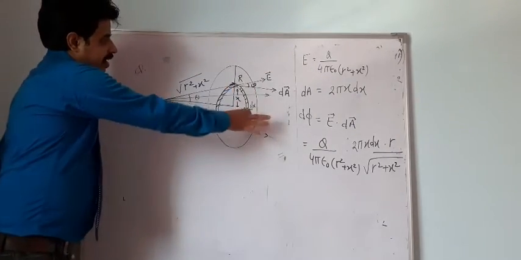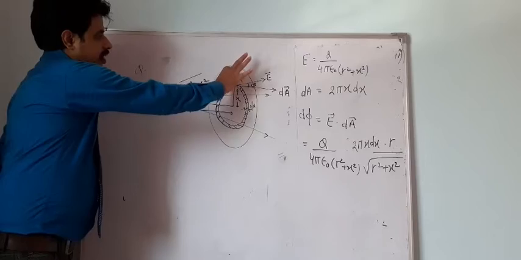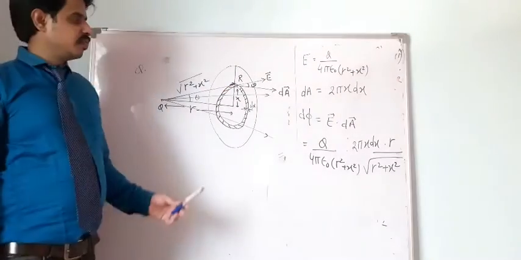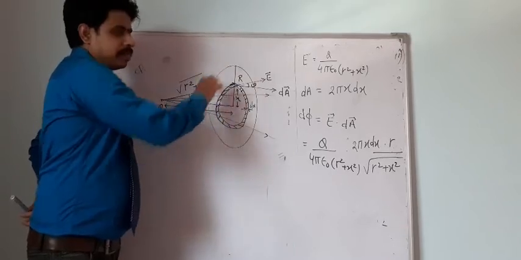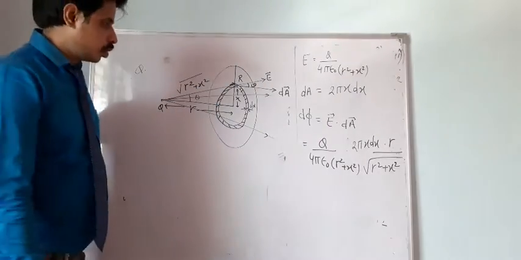Now this entire disk is made up of so many small rings. So if I integrate from x equals 0 to capital R, I will get the total flux.